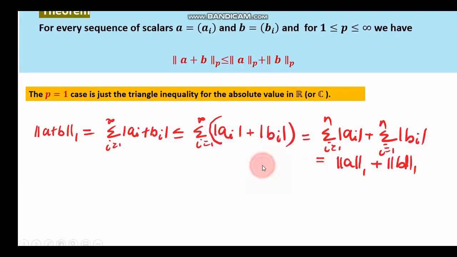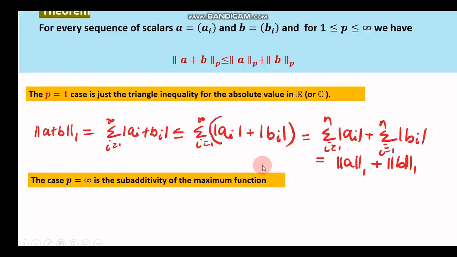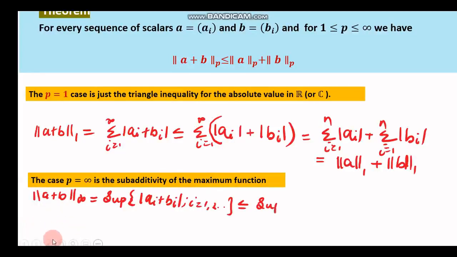Next, when p equal to infinity, that means the sup norm. So what is the sup norm? The sup norm of a plus b is equal to the supremum of modulus of a_i plus b_i, for i equal to 1 to infinity.